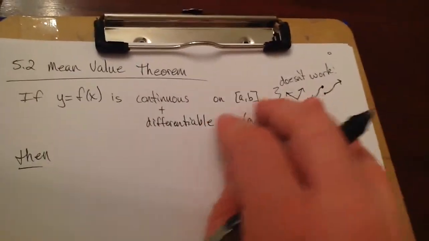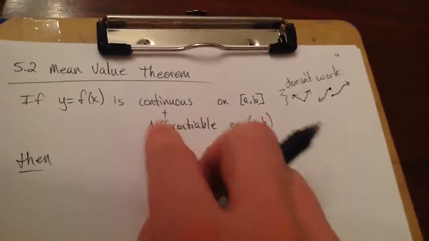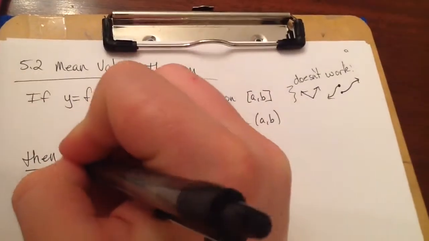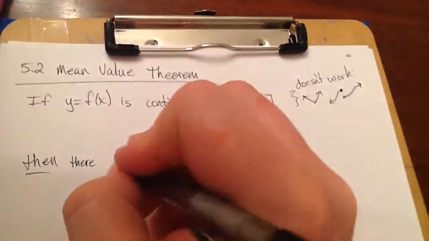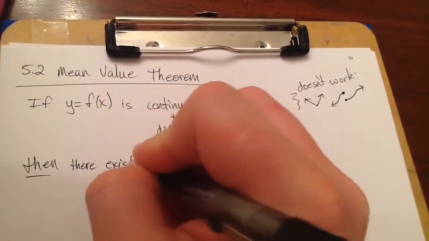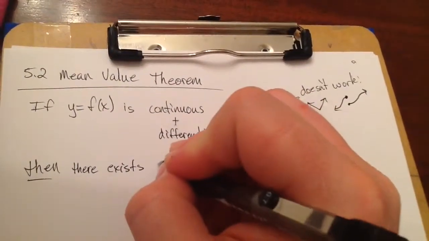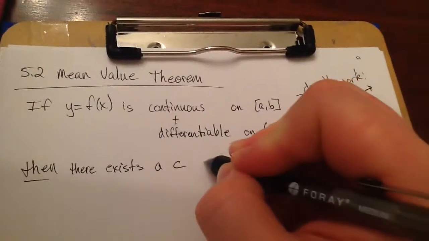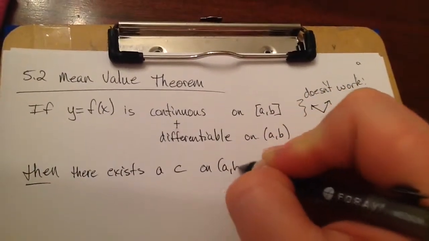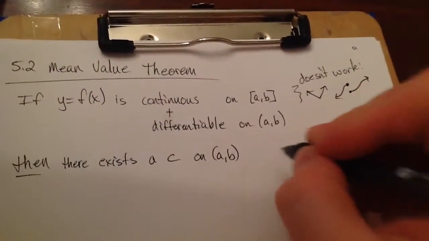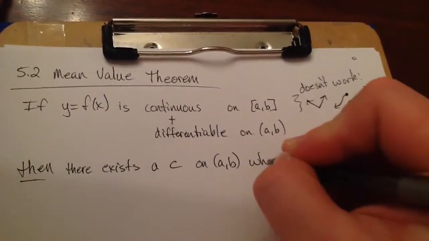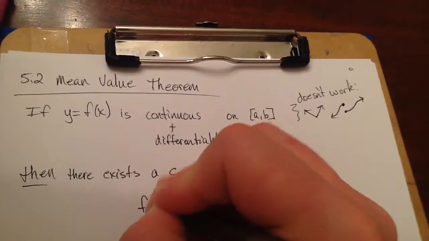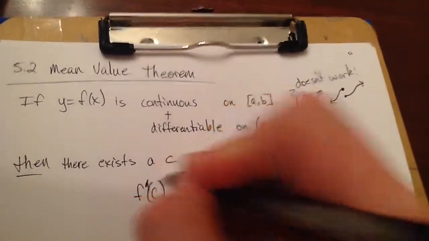So that's all this is saying. If neither of those happen, so it's continuous and differentiable, then there exists the magic point. So there exists a point c, some point on your interval a to b, where this happens: f prime of c, oops, didn't write that very well.